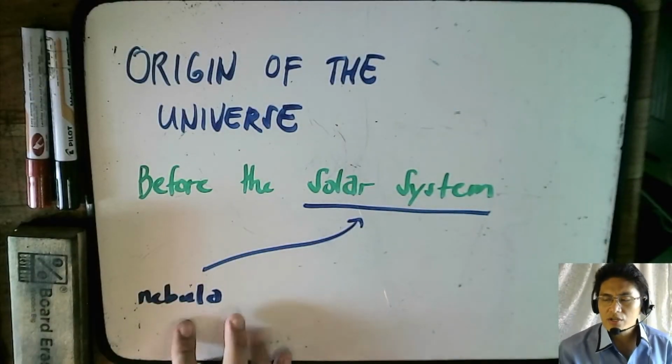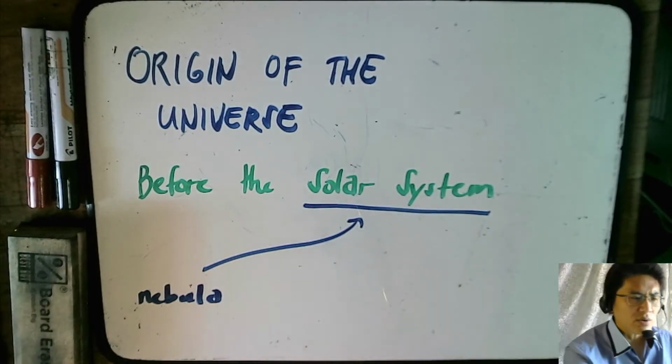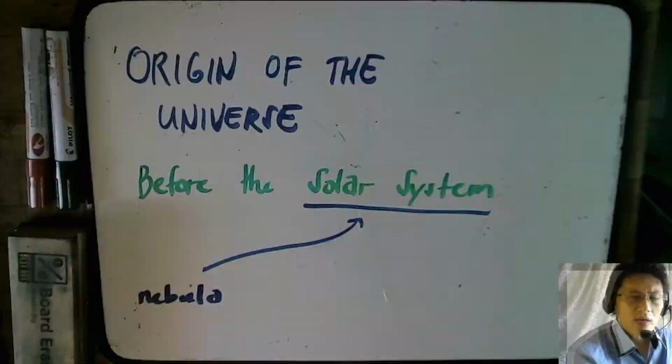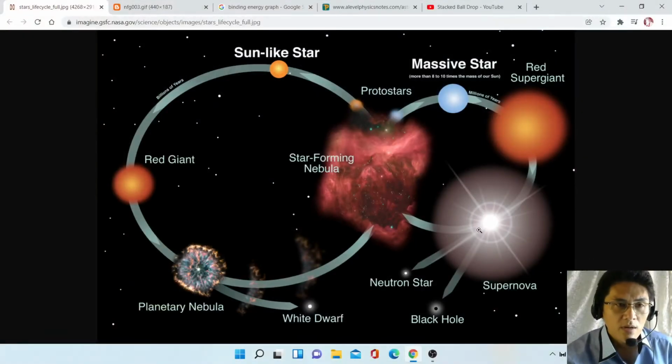Then the second generations matured, exploded using a supernova process, and created the third generation. So we estimate that the sun is either a second generation or a third generation star. Okay, so that answers the question, where did the nebula from which the solar system was created come from? It's from this cycle.